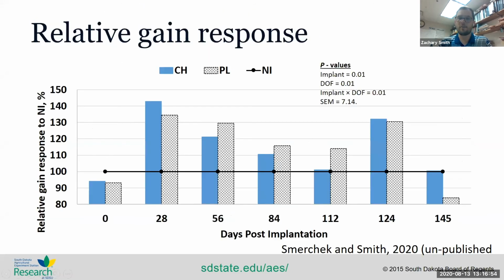Same thing here, just a different way to look at this. Scaled at 100, from day 0 to 28, this is just scaled at what their gain was relative to the control. Then we see a 40 to 30% improvement, and really these two implants did about the same thing, even though this was half the dose.